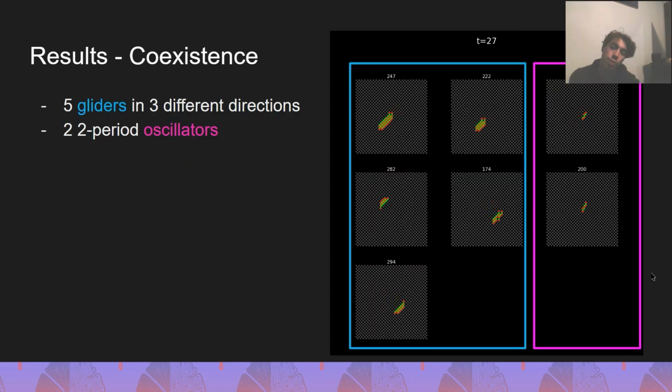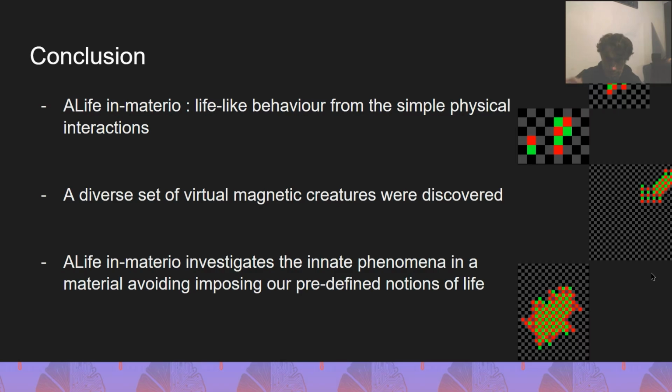And when we do that, what we find is we get these 7 different kinds of behavior besides the creatures that just die or explode when we move them into this compromise universe. We find 5 different gliders, and we find 2 period oscillators. And these are different oscillators here. And what's nice about this is that all of these creatures could then coexist in the same spin ice under the same fields, and they're able to meet each other and interact.